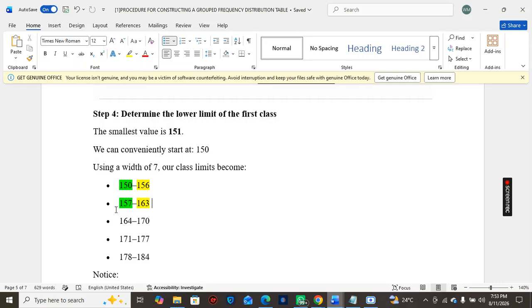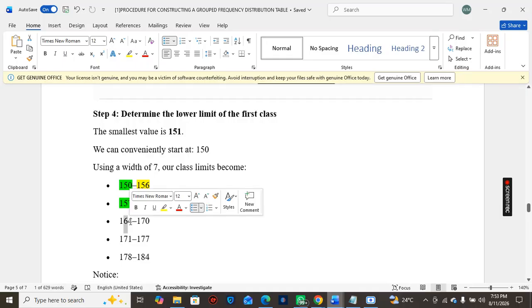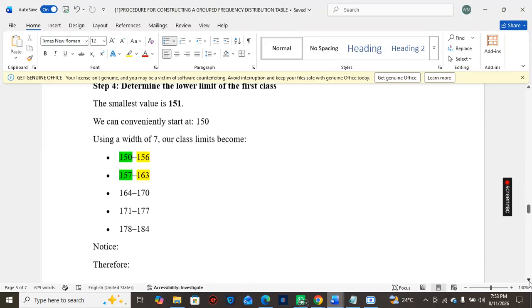This is where the class boundaries come in, so that we join all these classes so there are no gaps. Currently there are gaps, like from 163 to 164. What if you get 163.5 or 163.3? You won't know where to put it. So this is how you get your class boundaries.